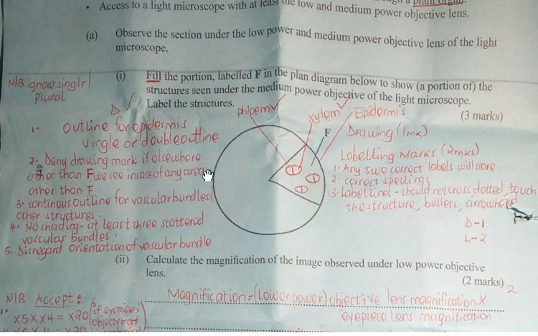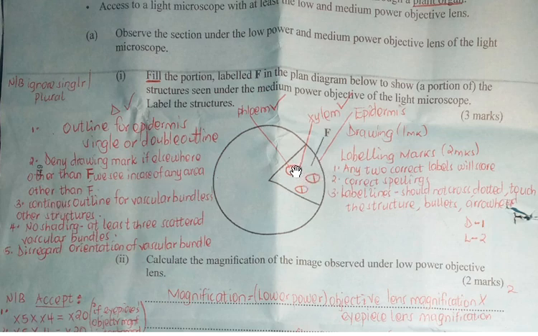Then a drawing mark is denied if you've drawn the xylem and phloem out of this portion. Then a continuous line for vascular bundles.